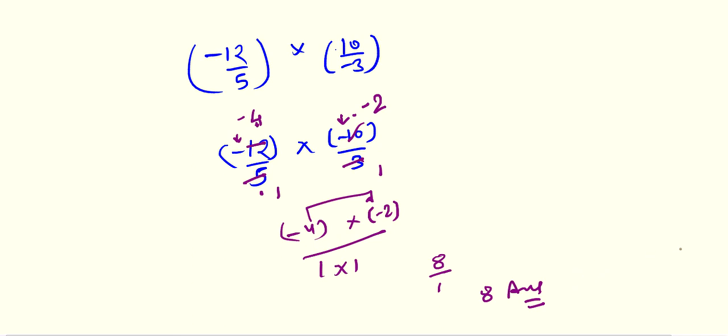Then question number 1 you can solve. I am solving question number 2. Question number 2: 1 by 8 into 10 2 by 3. First convert these mixed fractions into improper fractions. So 1 into 8, 8, 8 plus 1, 9. So this will be 9 by 8.